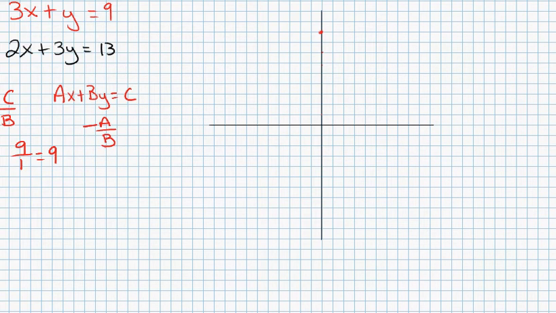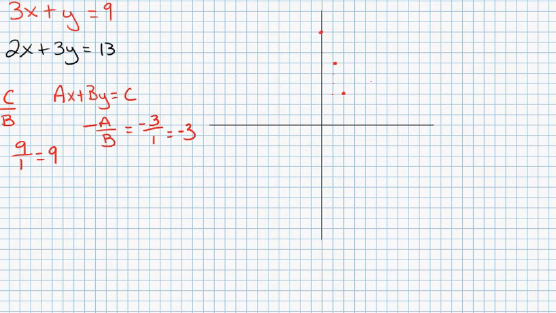That tells me I have a slope that equals negative 3 over 1, or just negative 3. So a slope of negative 3 tells me to go down 3 and right 1 to get a negative slope. And then down 3 and over 1.